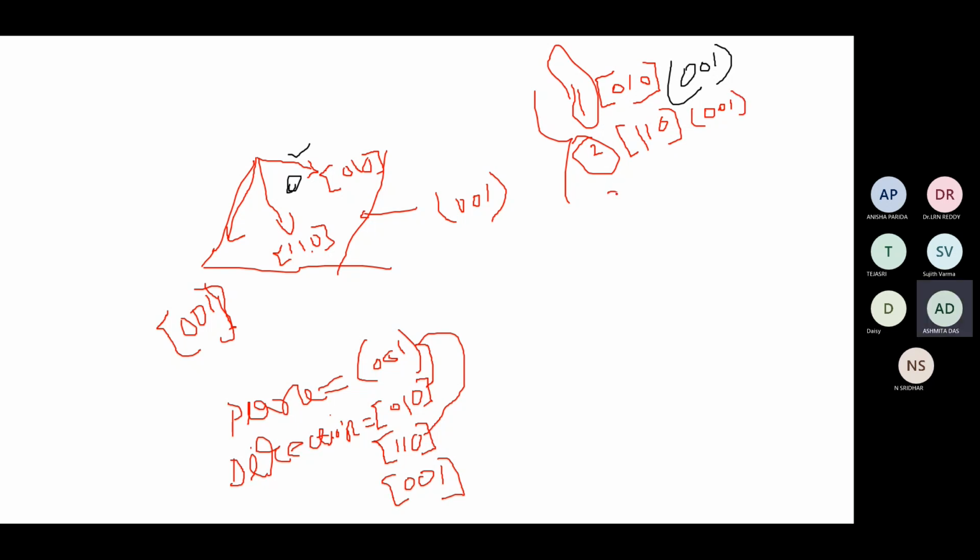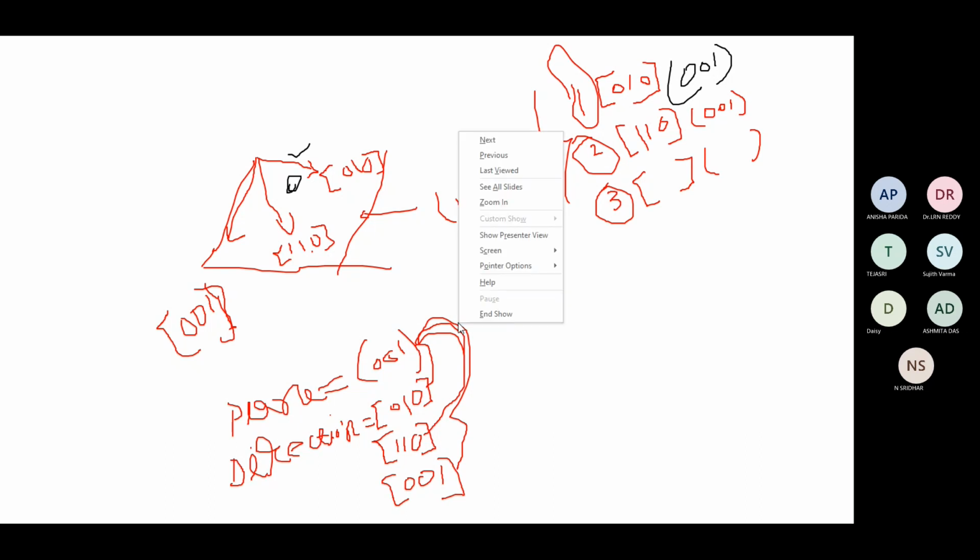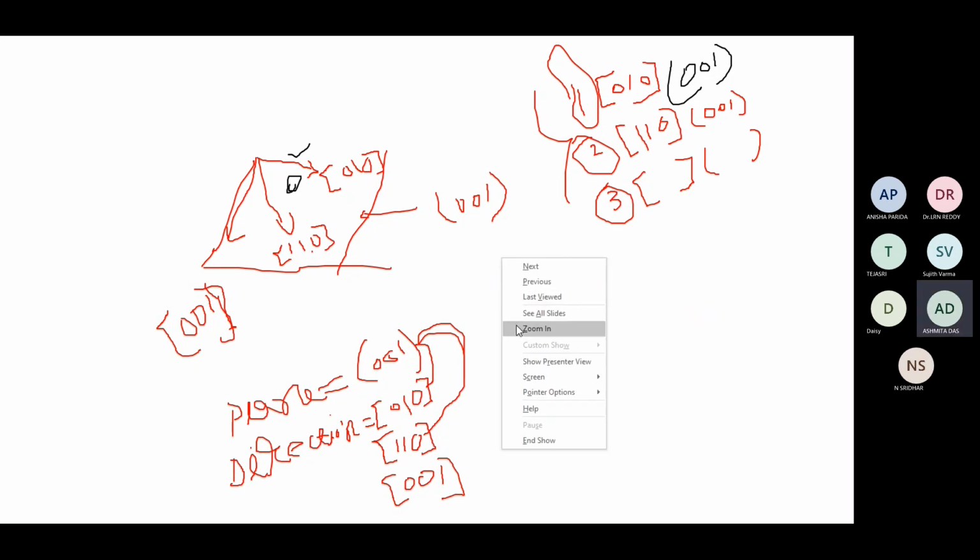So what will be the third slip system? Anyone? The third slip system will be these three, right? This one. So the third slip system will be this one.